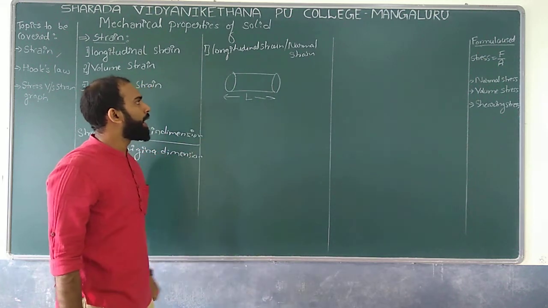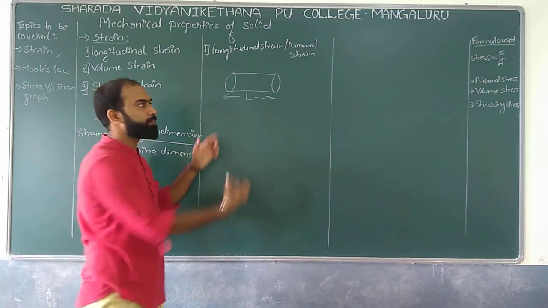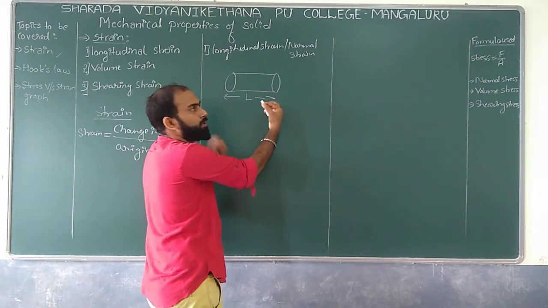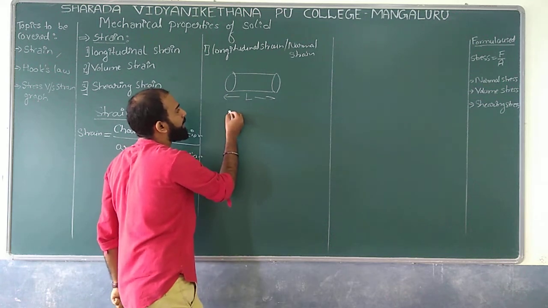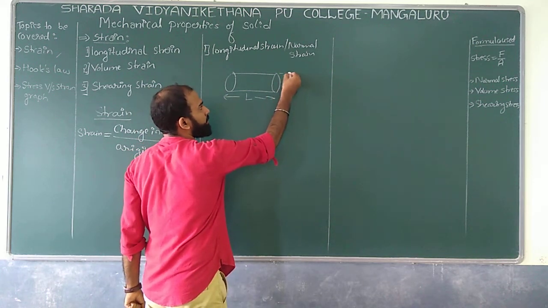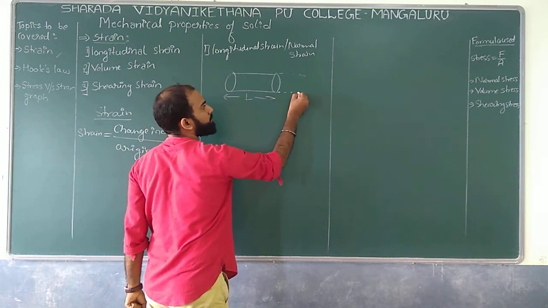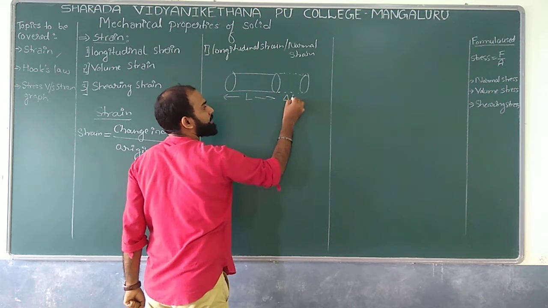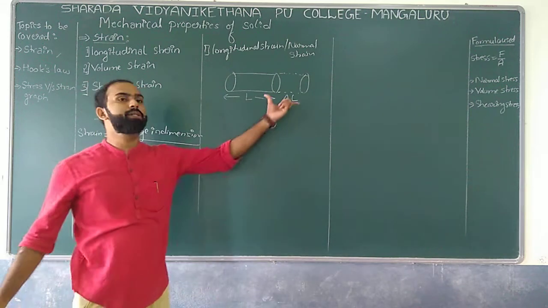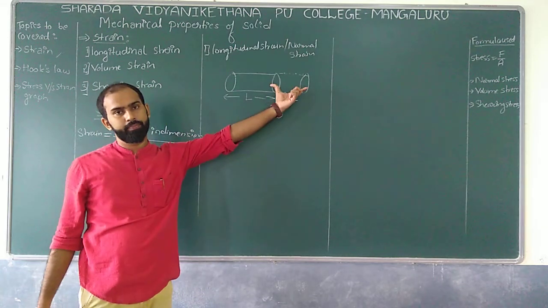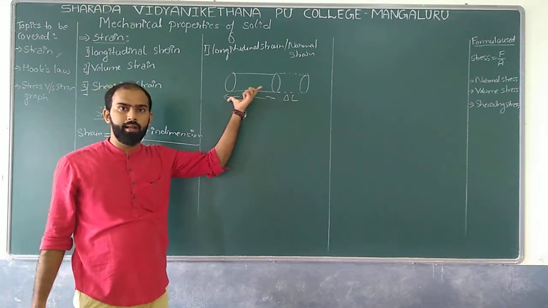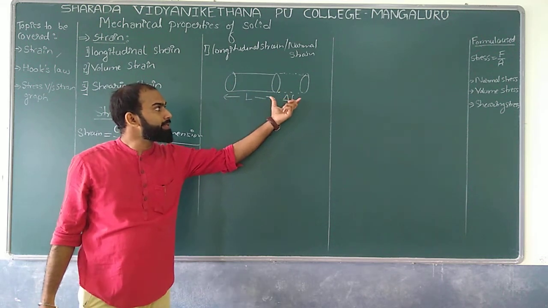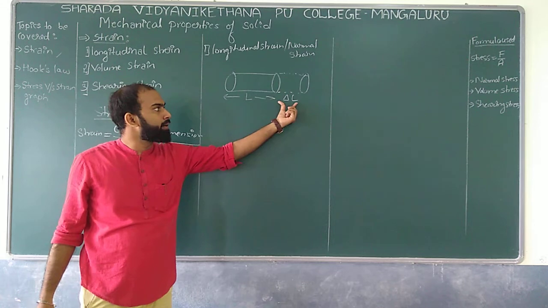Now I have applied the force in such a way that it takes an extension. The corresponding length is going to increase, and this change in length is delta L. Initially it was a length L, and after applying a deforming force, it has increased by delta L.